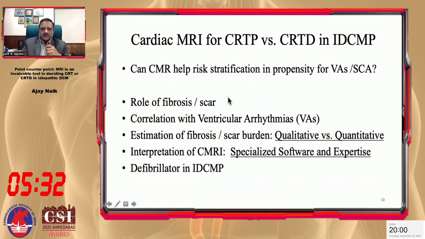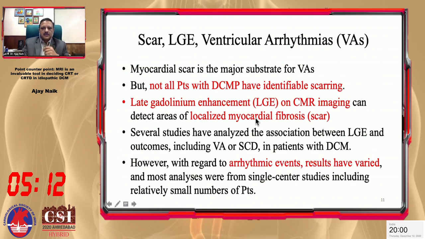Now the question here is the role of fibrosis or scar, its correlation with ventricular arrhythmias, estimation of fibrosis or scar burden, qualitative versus quantitative, and interpretation of CMR with specialized software and expertise. So these will determine whether we are going to the CRTP versus CRTD point.